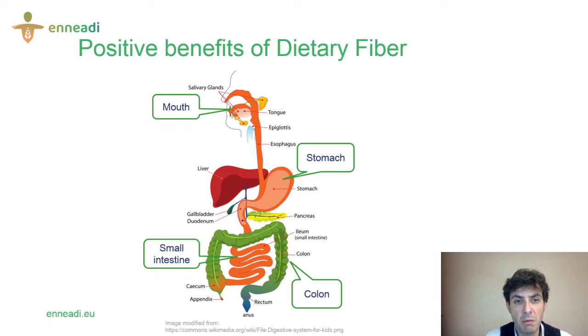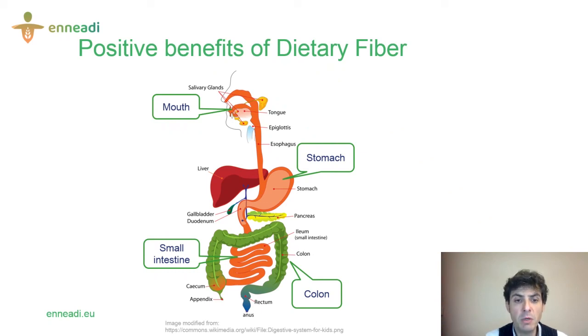In the mouth, an important amount of fiber in the food requires longer chewing, so we start digesting the food we eat better. In the stomach, fiber hydrates itself with water and increases its volume, reducing the sense of hunger.